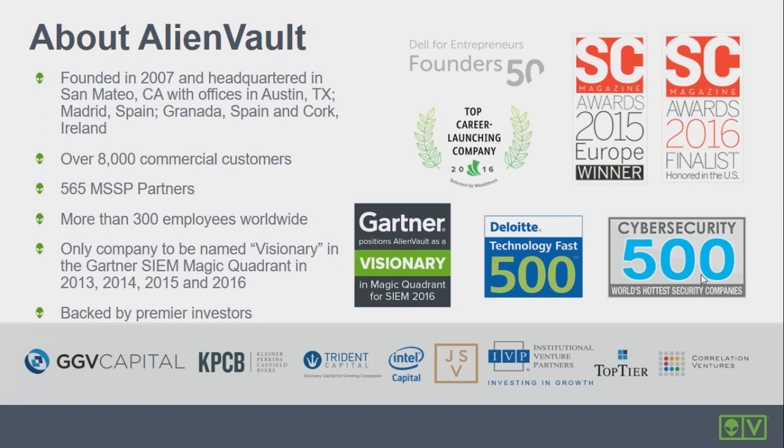In addition, AlienVault was the only company named a visionary in Gartner in 2013, 14, 15, and 16. Right now, AlienVault is a part of AT&T, a telecommunication company from the US.